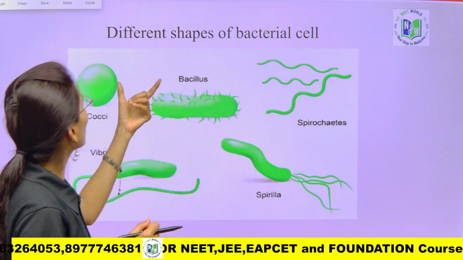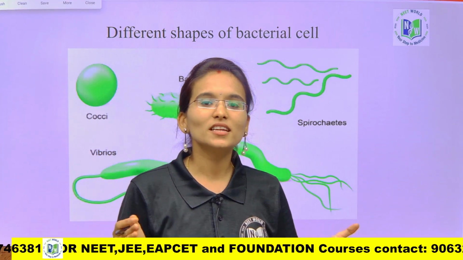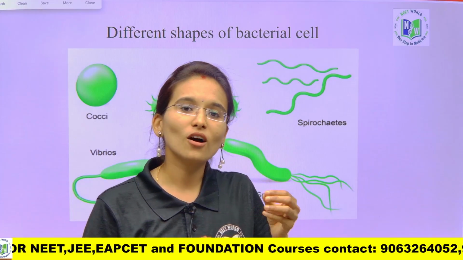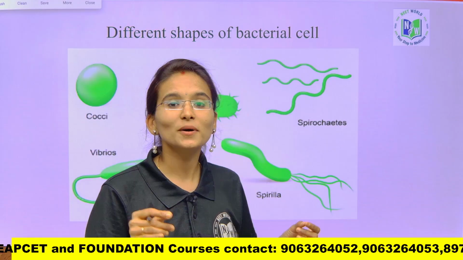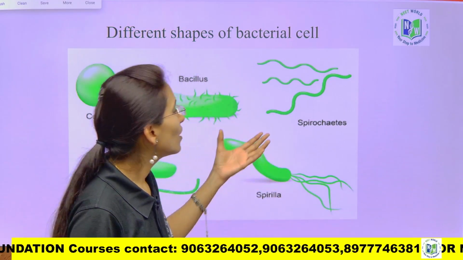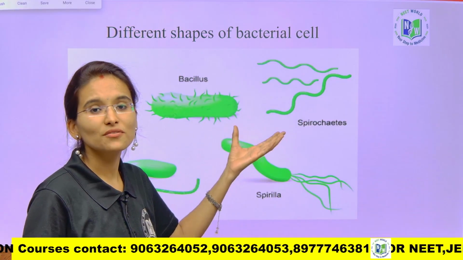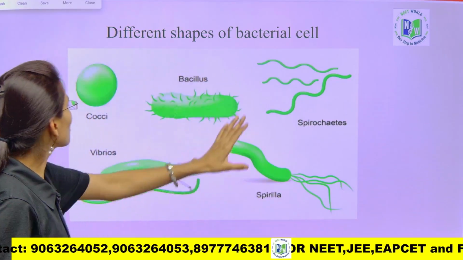So this is all about the different shapes of bacterial cells. It does not mean that because bacteria are microscopic, all of them are going to be circular or very tiny in nature. There are some bacteria which show different types of shapes. So now look into this slide.